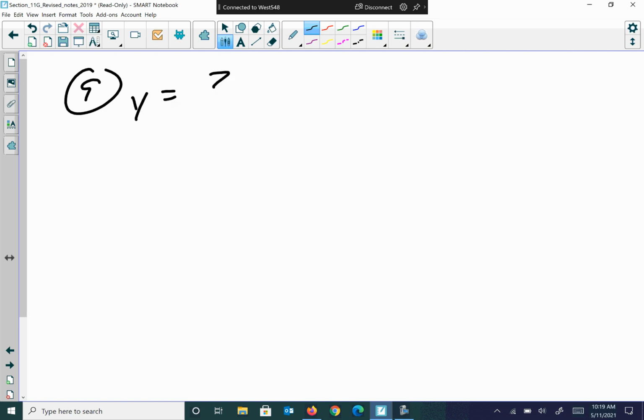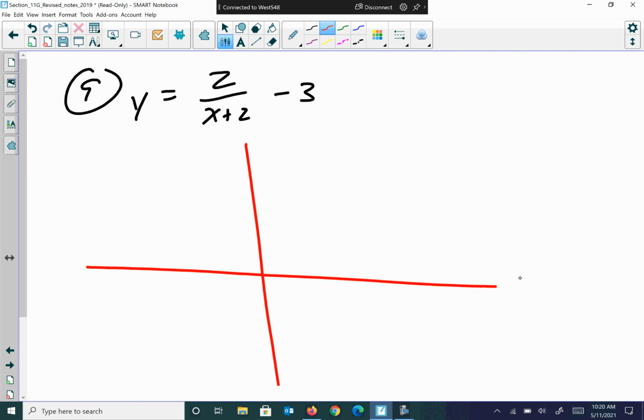We have y equals 2 over x plus 2, minus 3. All right, so let's start thinking about how we would make this look on a graph.